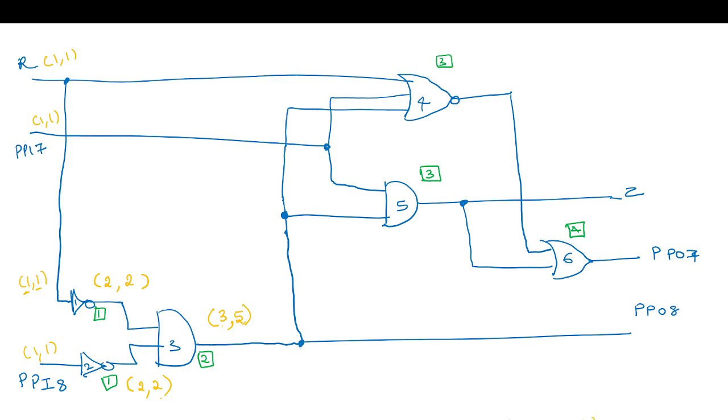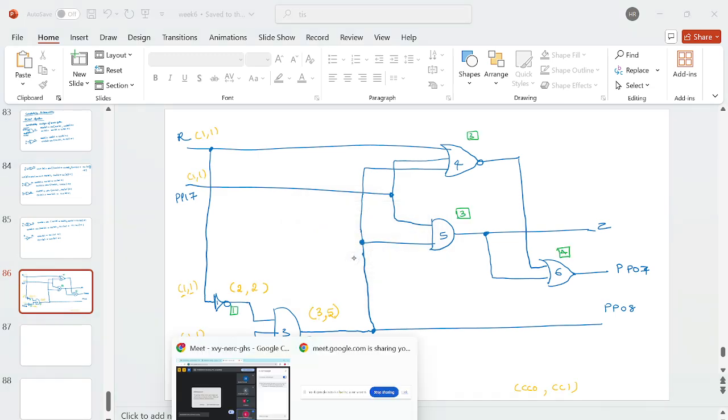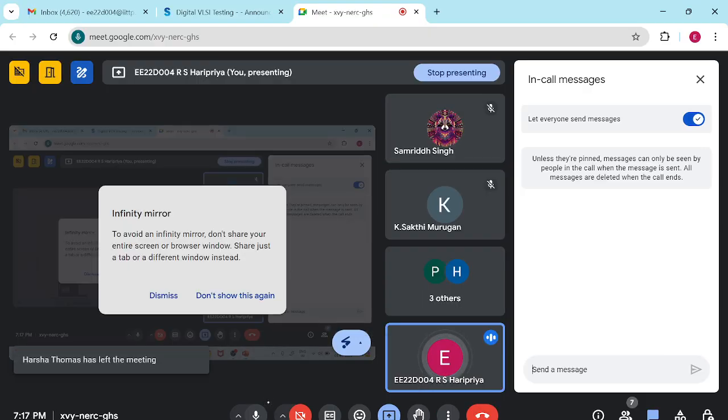Before going to stage 3 for gates 4 and 5, is this SCOAP algorithm clear for the controllability part? Any doubts? Wait for 2 minutes. If you have any doubts or want to discuss anything, you can.